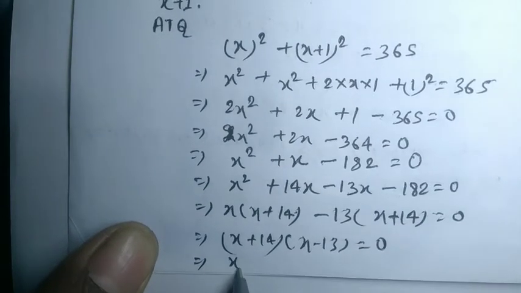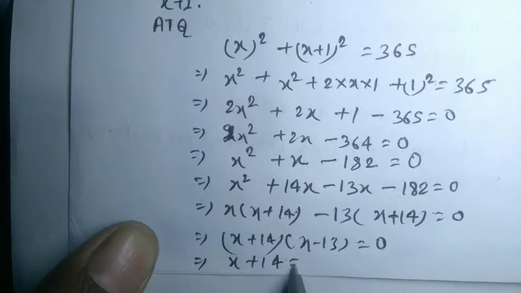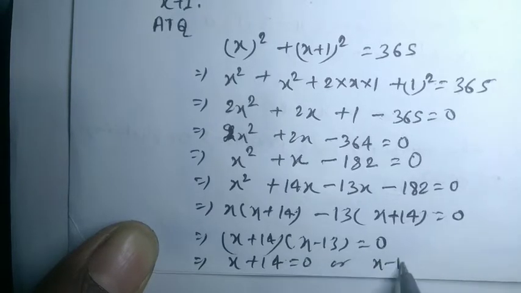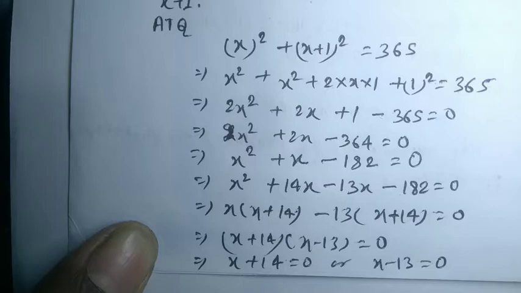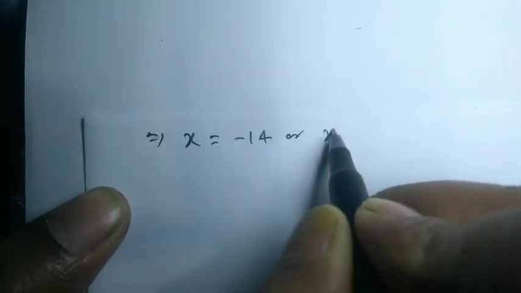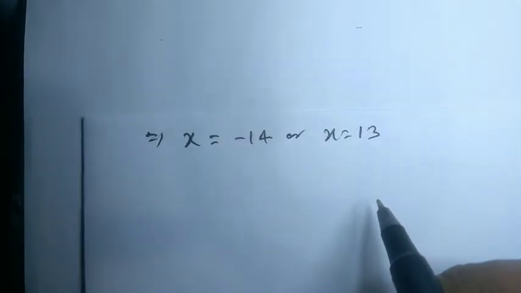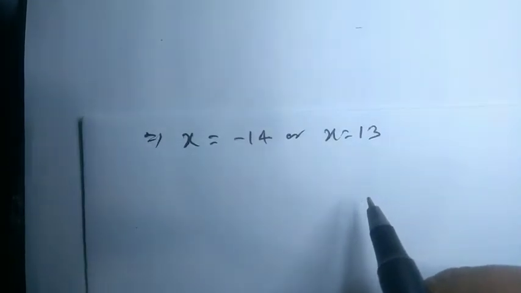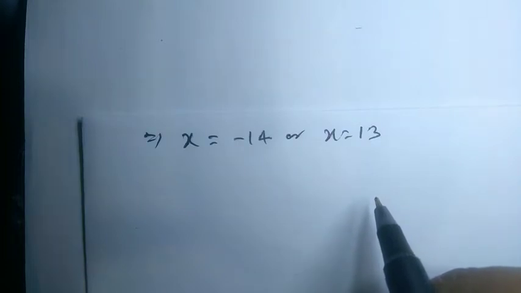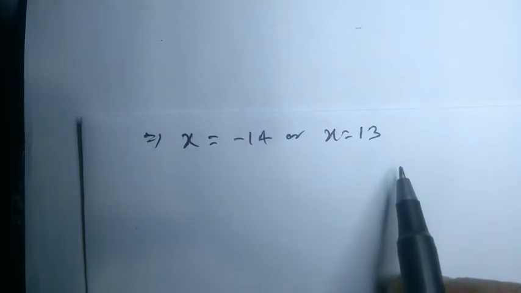Implies x plus 14 is equal to 0 or x minus 13 is equal to 0, implies x is equal to minus 14 or x is equal to 13. Then minus 14 is rejected because it is a negative integer.